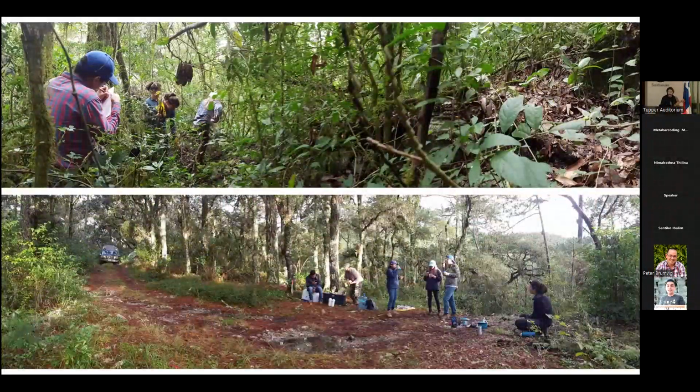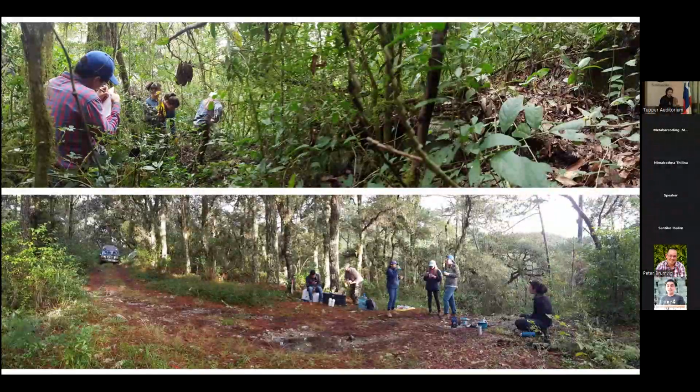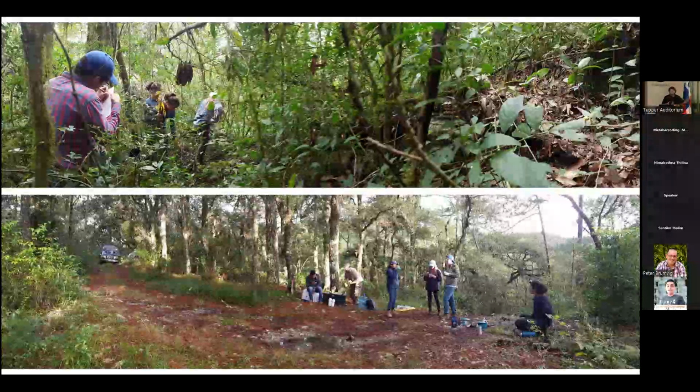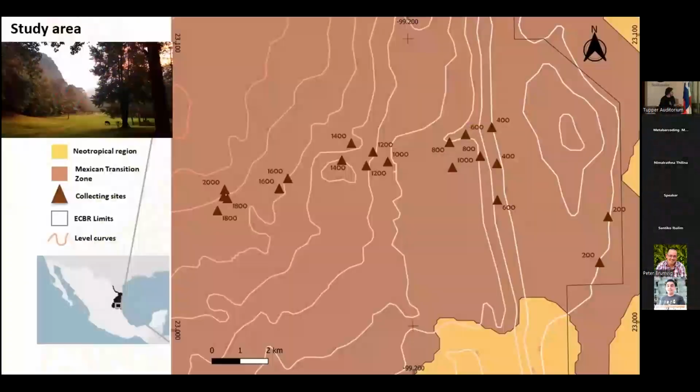It's a very nice tropical forest with a moderate dry season, and then this is at 2,000 meters altitude, where you have a more typical Nearctic forest. We don't have an alpine zone, so the gradient is relatively short. It's 2,000 meters, but all the hills are fully forested.